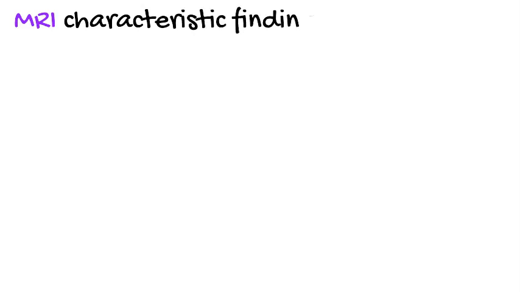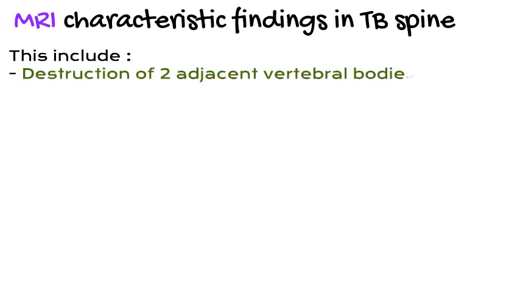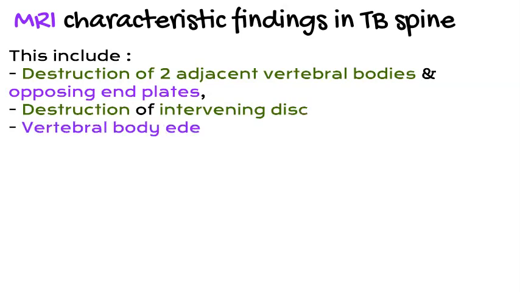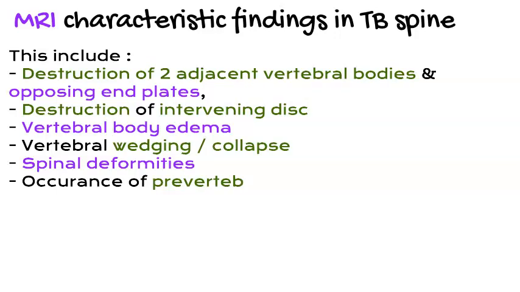Next, MRI characteristic findings in TB spine. These include destruction of two adjacent vertebral bodies and opposing end plates, destruction of intervening discs, vertebral body edema, vertebral wedging or collapse, spinal deformities, and the occurrence of prevertebral, paravertebral, and epidural abscesses.